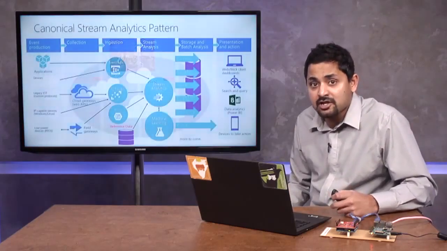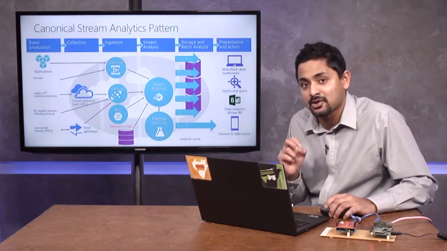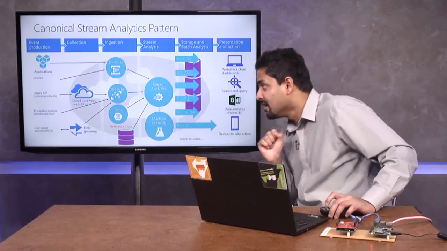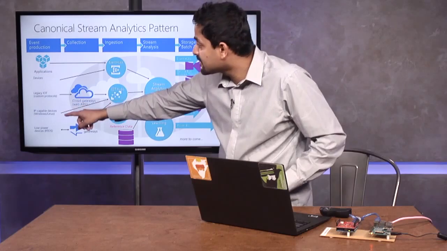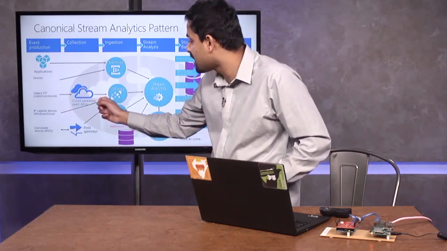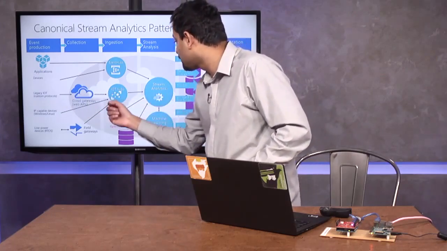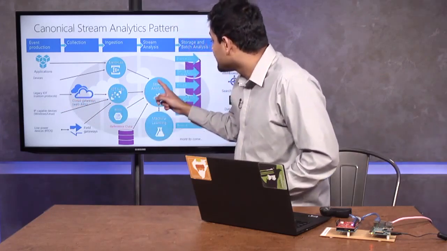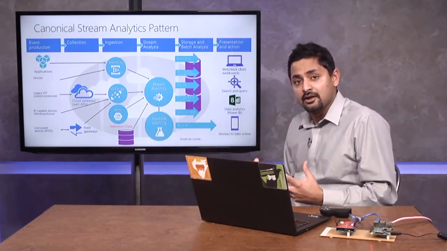Before I do the Azure Stream Analytics, the first thing that I want to do, just to give you a little more context, because this is going to be more and more interesting, is I talked about all the devices or applications which is sending data. I talked about event hubs and IoT hubs for bidirectional communication with all of your devices. Then you want something which will do your processing logic.